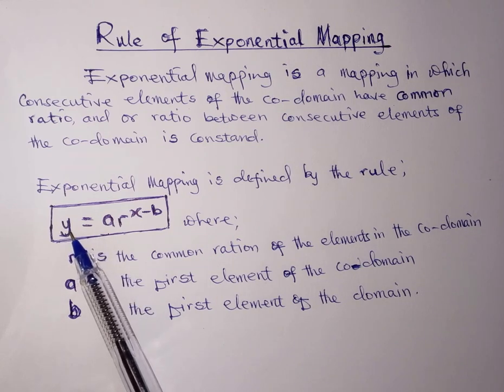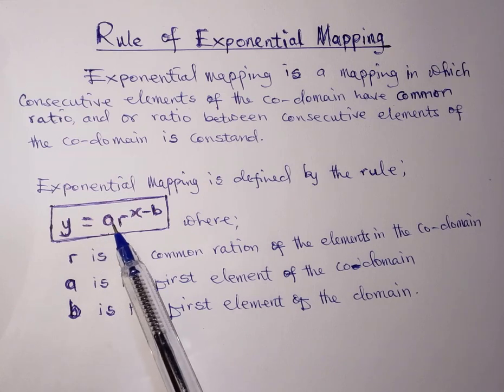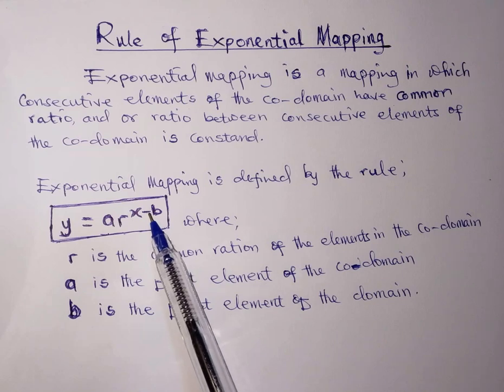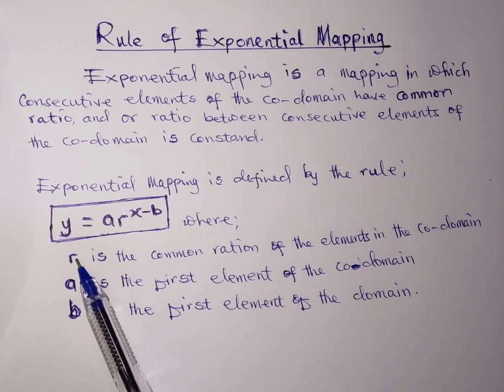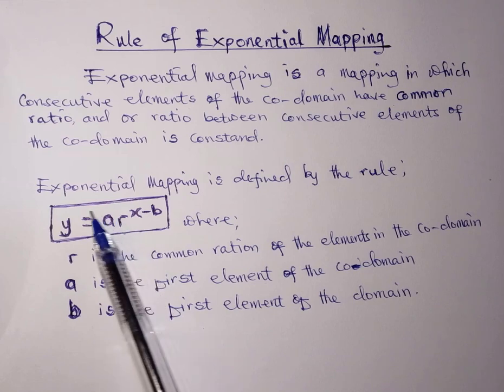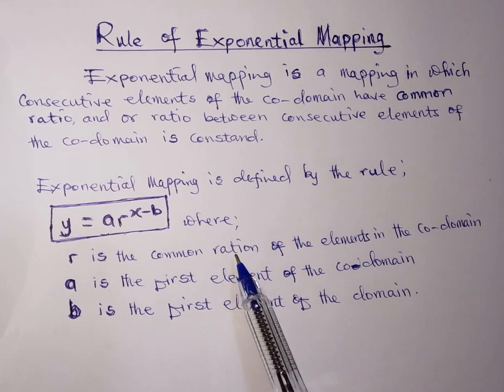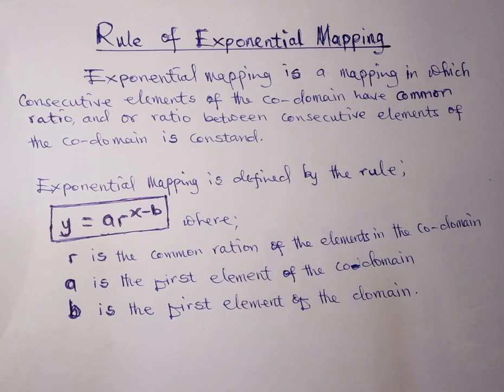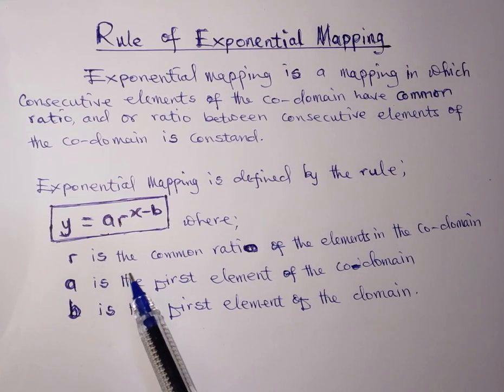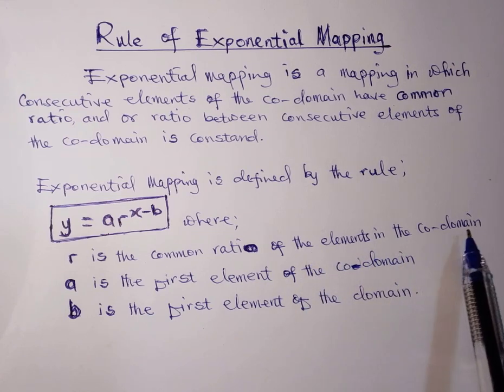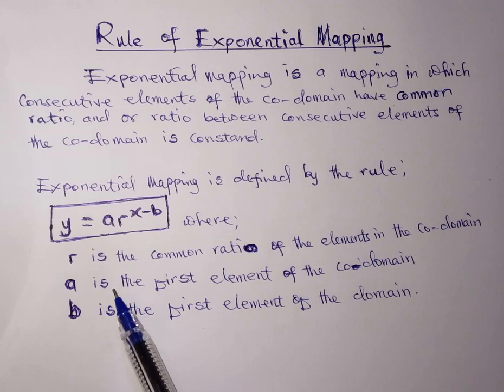In this rule, we are saying y is equal to A r exponent x minus B, where the r you see in this formula is the common ratio. Yes, the r is the common ratio of the elements in the codomain. Yes, that is the ratio we are talking about.